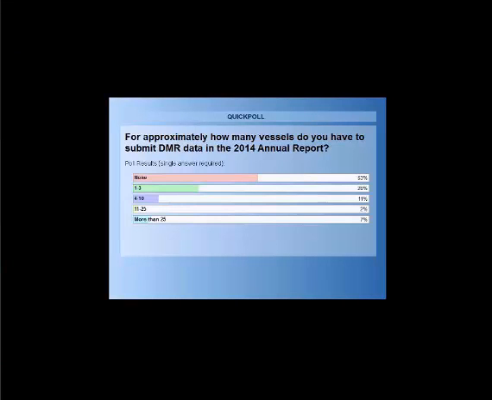Yeah, so we had about 65% of the vote in, and 53% of you said 0, 28% said 1 to 3, 11% said 4 to 10, 7% said more than 25, and then 2% said 11 to 25.